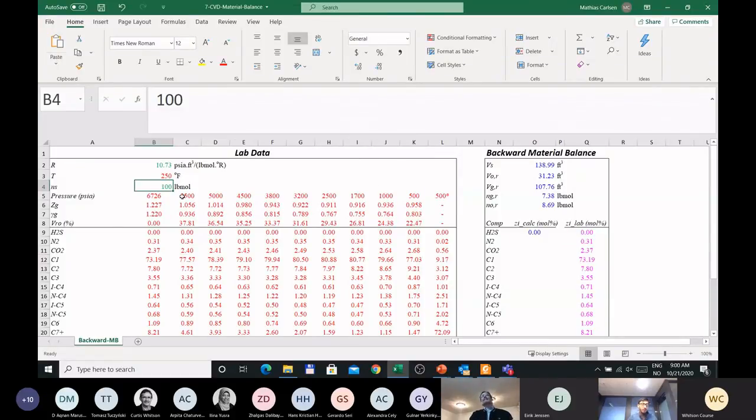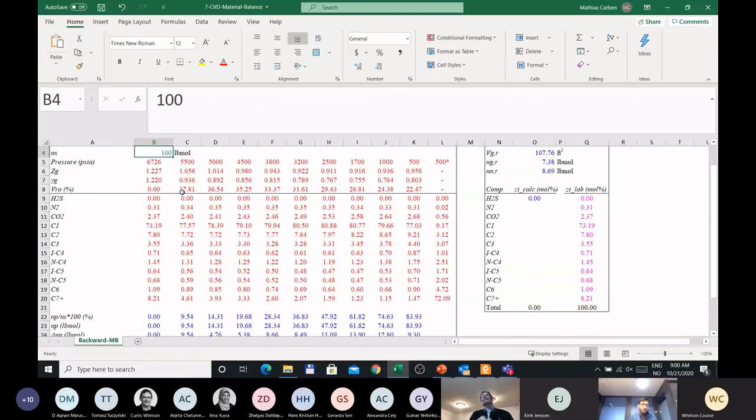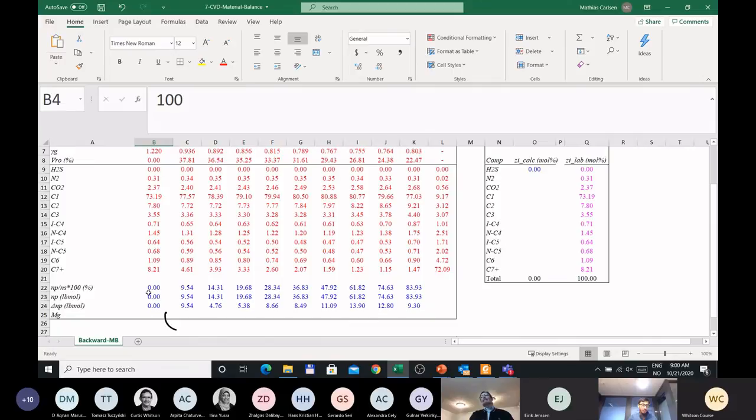So like 100 moles, if we say that 100 moles is in the PVT cell initially, then we can say, okay, because in the CVD experiment, they generally report NP or NS, which is the percentage of the moles recovered, and the percentage of the moles are on the basis of the initial moles.